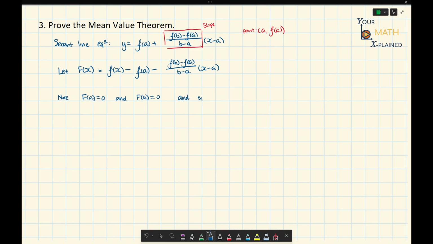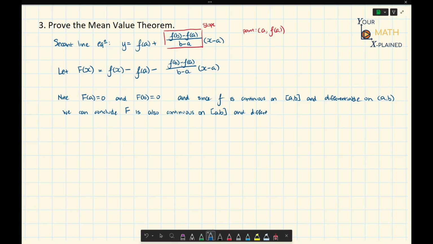And since our function f is continuous on the closed interval AB and differentiable on the open interval AB, we can conclude that our function capital F is also continuous on the closed interval AB and differentiable on the open interval AB.